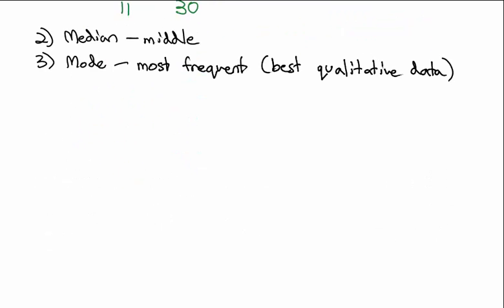I want to have a really brief discussion once we find mean, median, and mode about whether or not the data is skewed. First, the opposite of skewed is symmetrical. A symmetrical data, you can cut it in half.